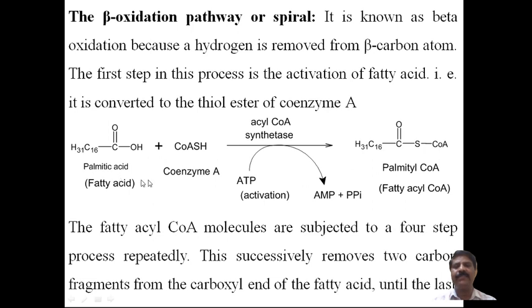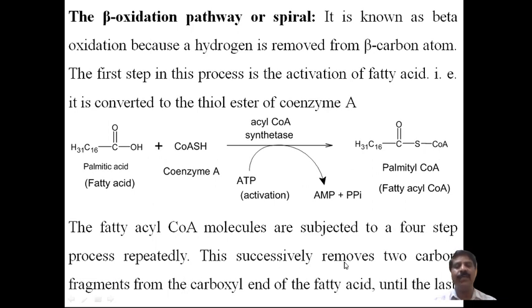The fatty acid is treated with thiol coenzyme A in the presence of acyl coenzyme A synthetase, using ATP for activation, to form AMP plus pyrophosphate, with liberation of fatty acyl coenzyme A, also called palmityl coenzyme A. The fatty acyl coenzyme A molecules are subjected to a four-step process repeatedly.